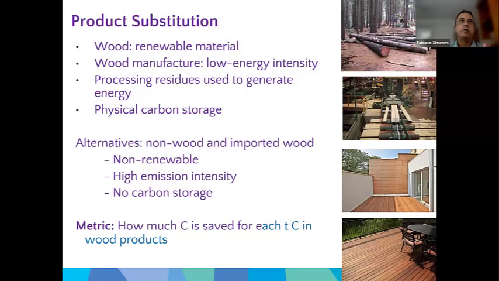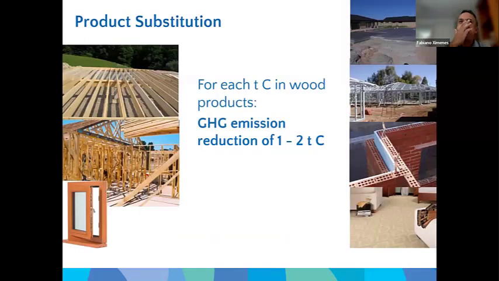So there is a metric that you can use to quantify the benefit, which quantifies how much carbon can be saved for every ton of carbon that is produced in different types of wood products. And typically in the literature, and in the previous work that we have done, that benefit can range anywhere between 1 and 2 tons of carbon benefit.